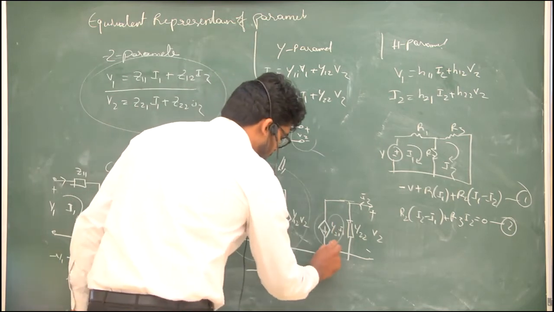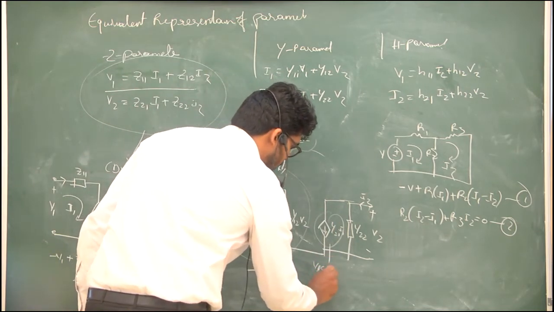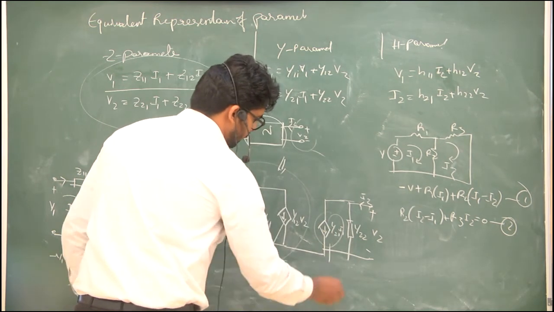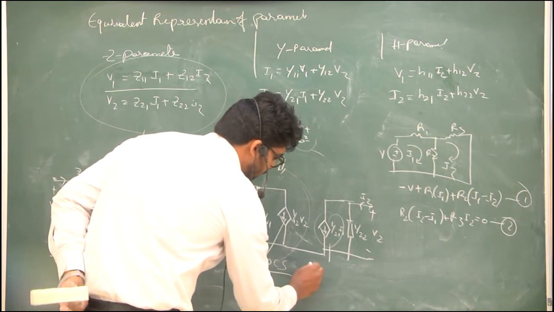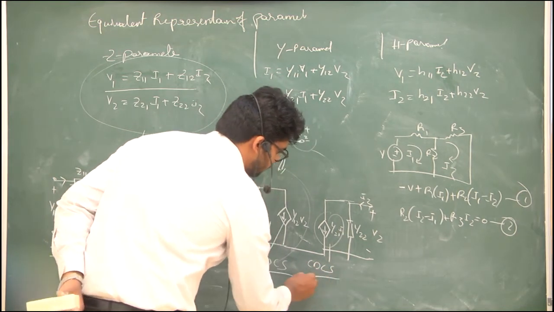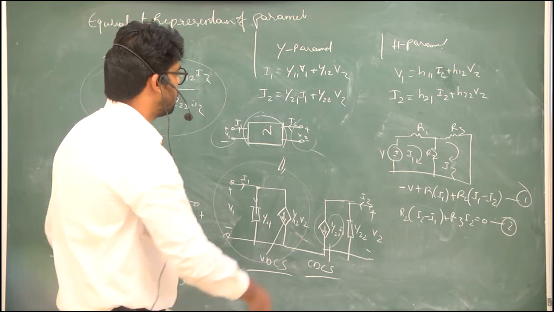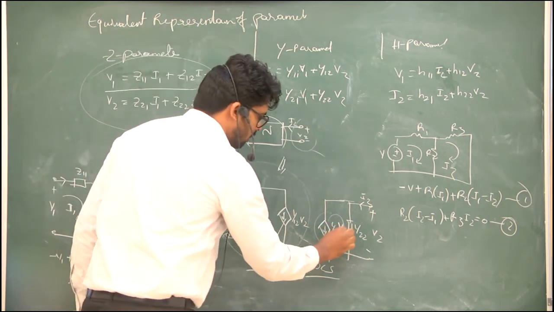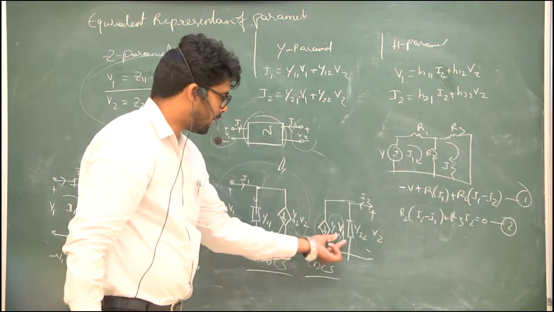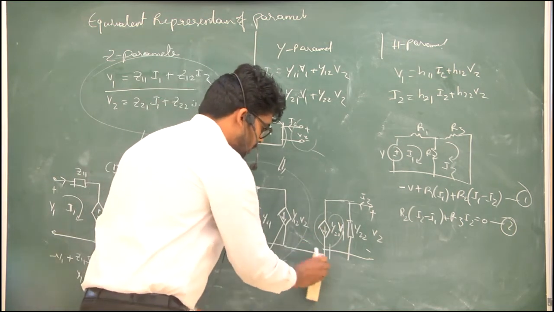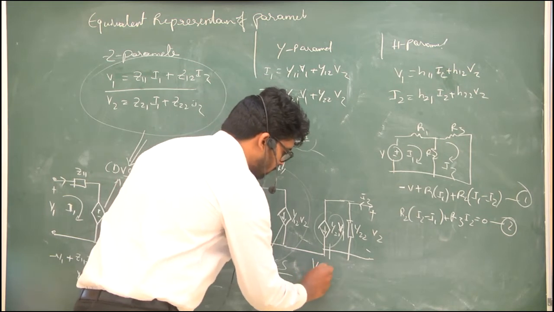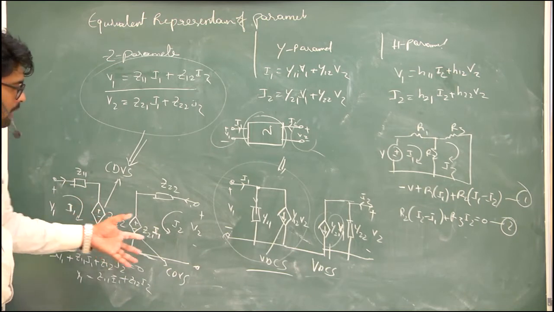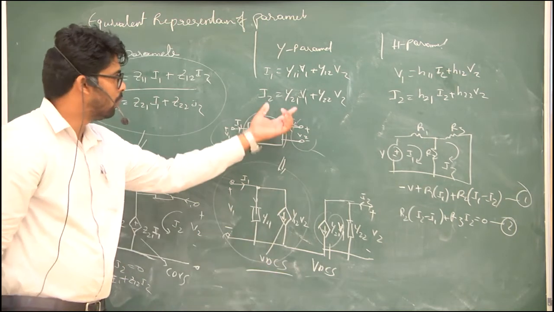This is also a voltage dependent current source. This is V1 we are teaching. So this is a voltage dependent current source. This is a series branch and this is a parallel branch, to prove the Y parameters.